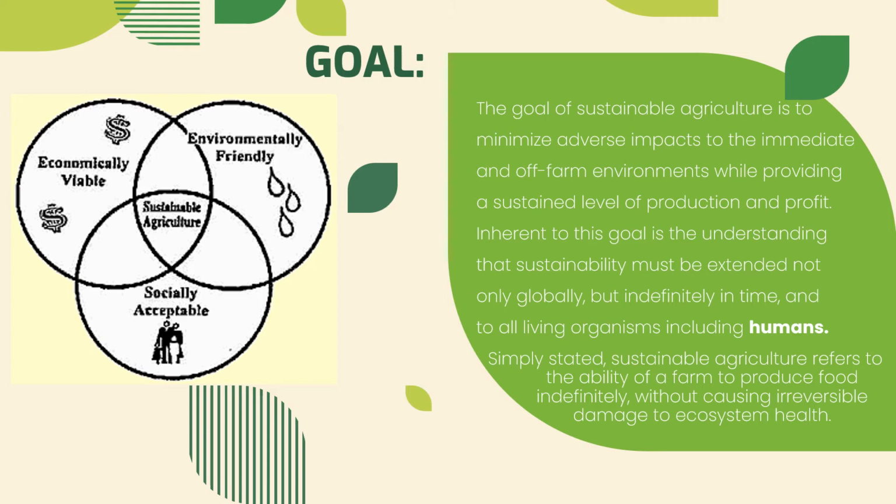Inherent to this goal is the understanding that sustainability must be extended not only globally but indefinitely in time and to all living organisms, including humans. Simply stated, sustainable agriculture refers to the ability of a farm to produce food indefinitely without causing irreversible damage to ecosystem health.